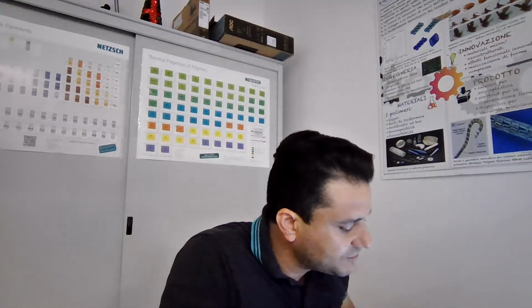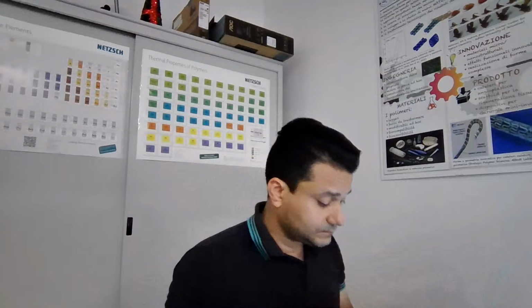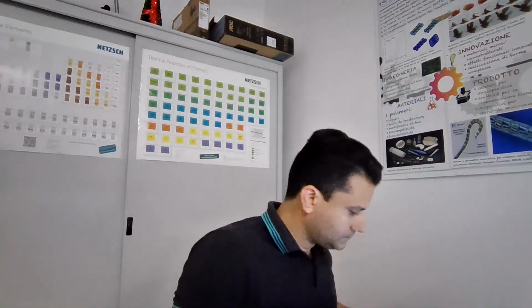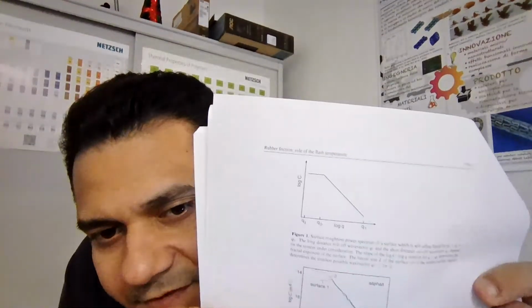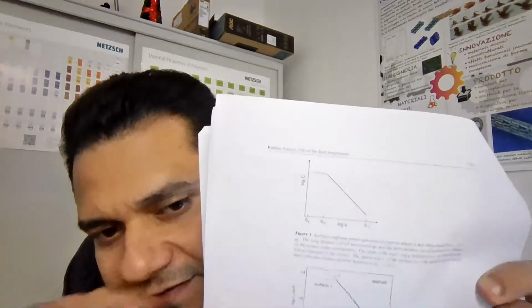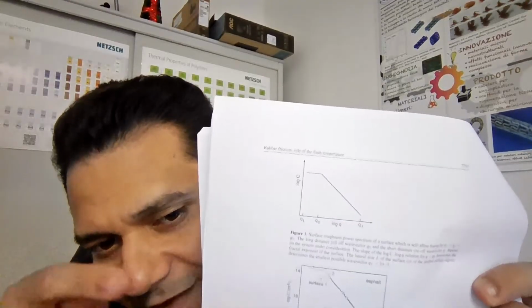So, according to Persson, assume that the surface roughness has the qualitative form in figure 1. Let me show you the figure. In figure 1, you see the power spectral density as a function of the wave vector q.